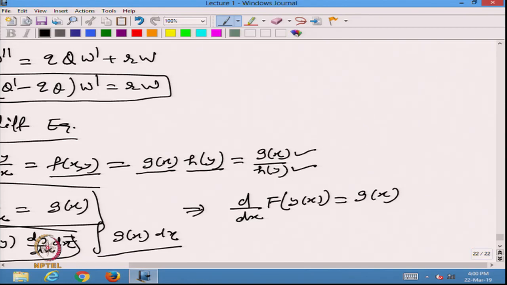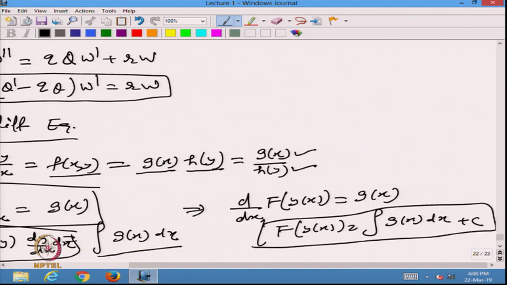In that case, by taking the derivative, the solution becomes g(x) dx, and then I can solve this differential equation. So, how do we convert this into that?